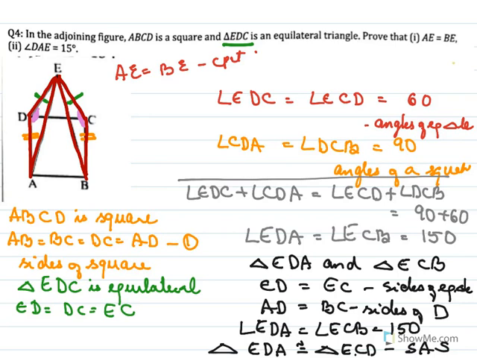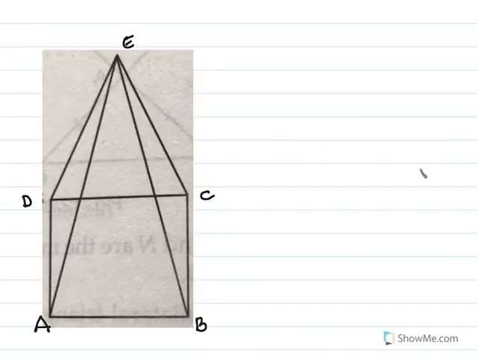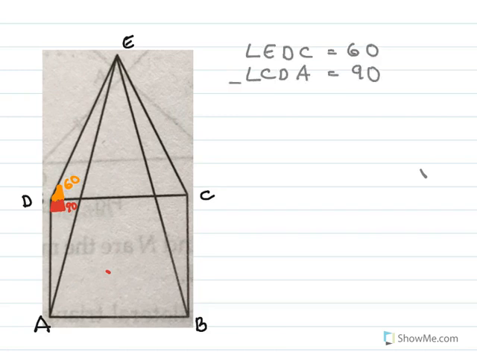Now the next part of the sum says show DAE is 15. Here's the figure again. We showed that this angle is 60 because it was the angle of an equilateral triangle, and we had this angle as 90 because it was the angle of a square. Therefore that entire angle was 150. So angle EDC equal to 60 and angle CDA equal to 90.